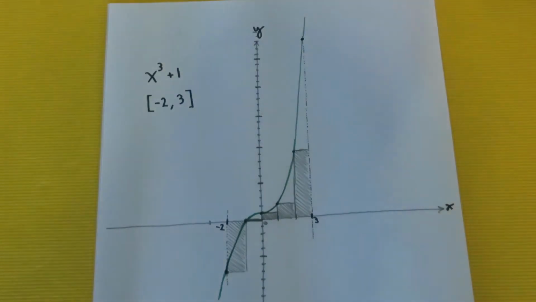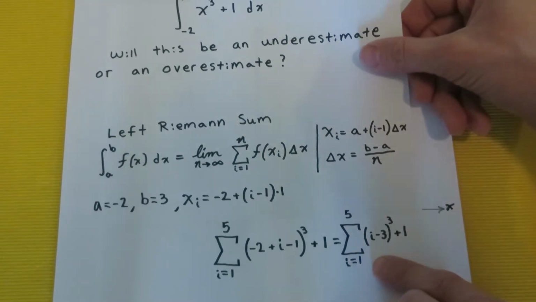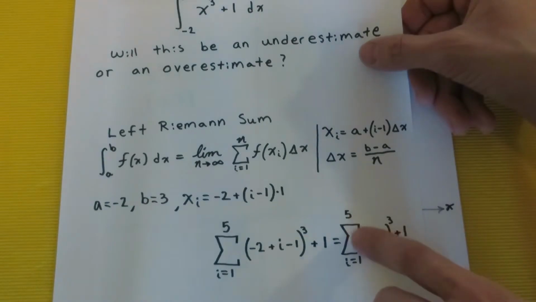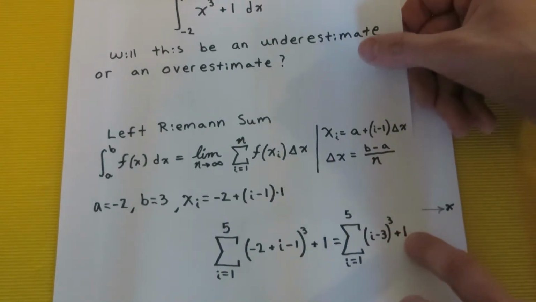Now, let's go back to what we did before. Notice that we figured out that we need to solve for this summation right here from i equals 1 to 5 of (i - 3) cubed plus 1.